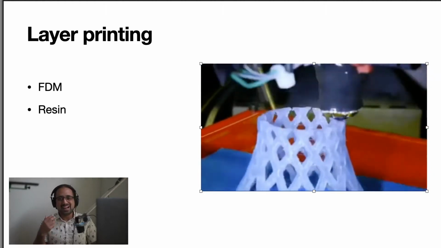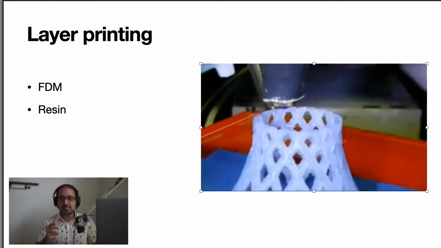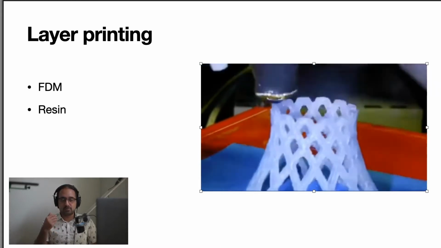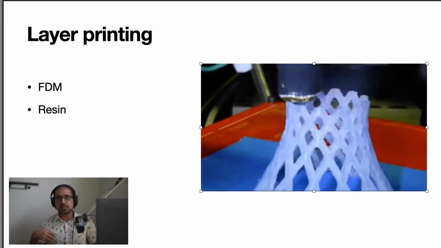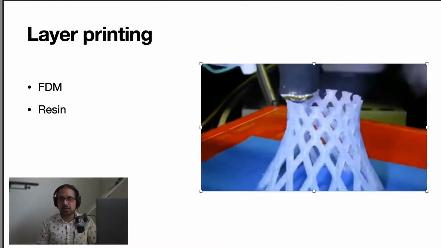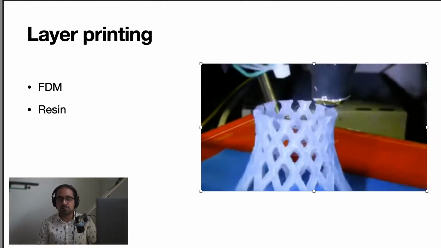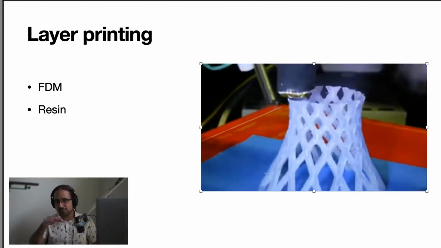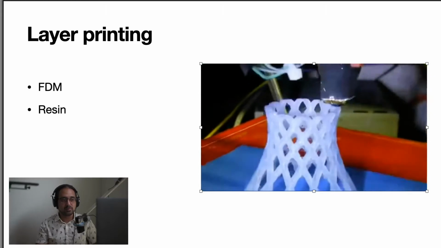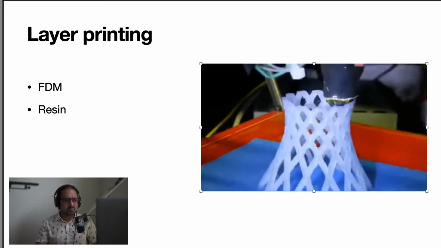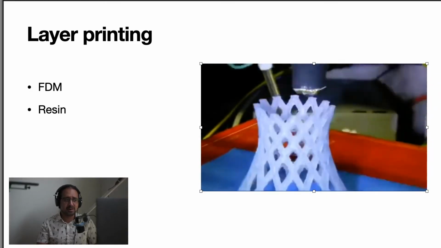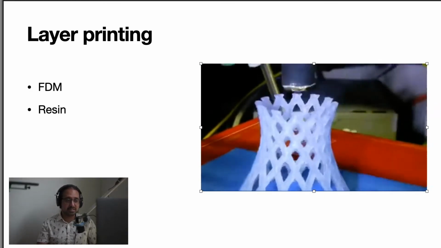So you have these two classes of options as far as types of printers you can get. A couple of classes in, I'm going to go into how you would make a choice between buying a resin printer or an FDM printer. But for now, it's just worth knowing that there are these two classes of approaches available.